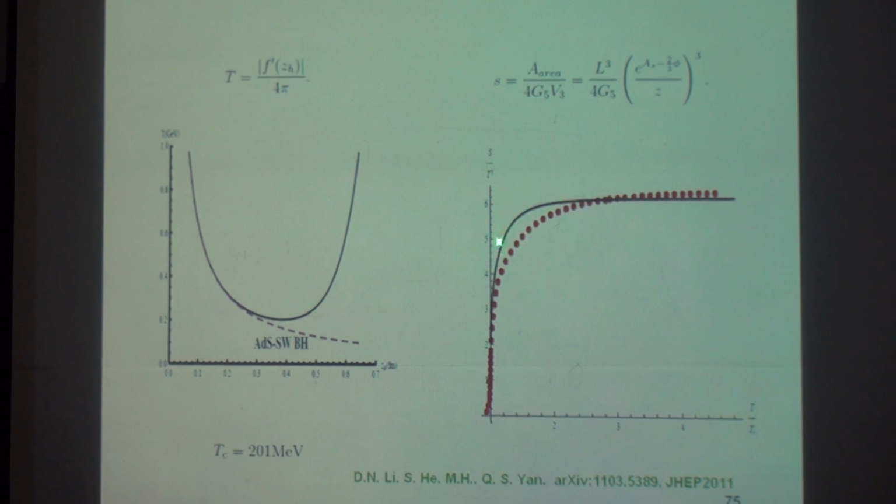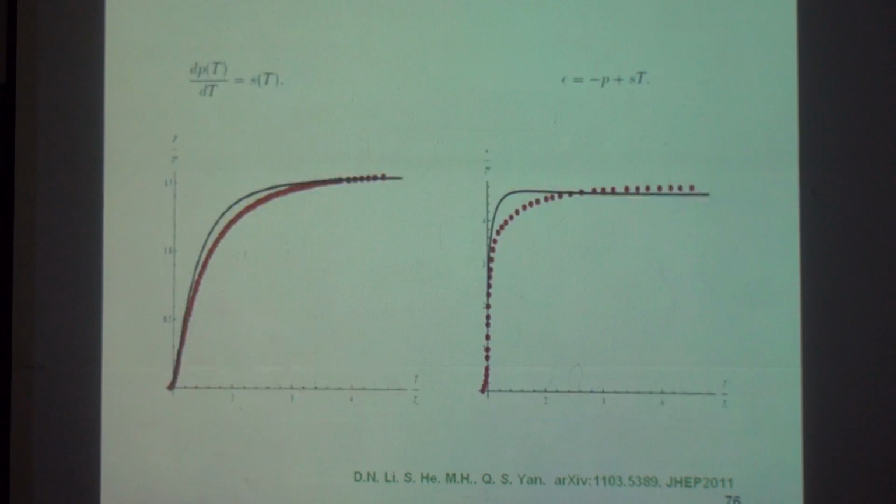But around 1.5 TC, our model is a little bit different from this lattice result. And also the pressure density and the energy density: they work at UV and also close to TC, but not very good at around 1.5 TC.